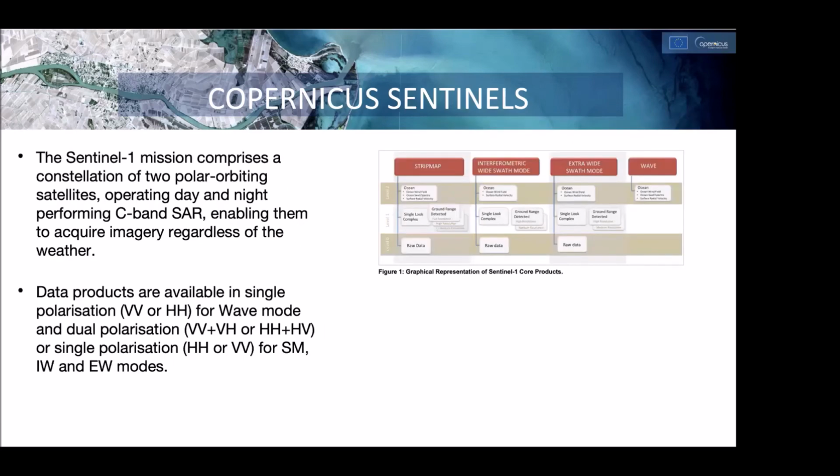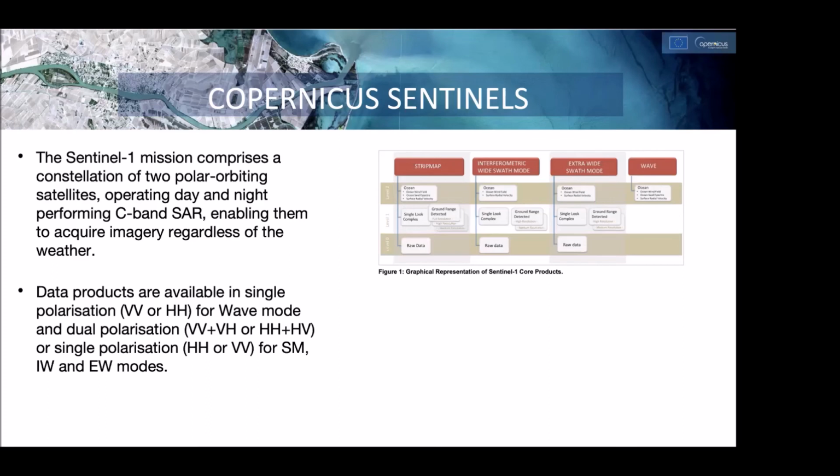Now, for the odd one of the bunch, I guess we can say Sentinel-1 is a C-band SAR, so we're looking at much longer wavelengths. But the cool thing about this is that it has its own energy. How would you say? It shoots its own signal, right?